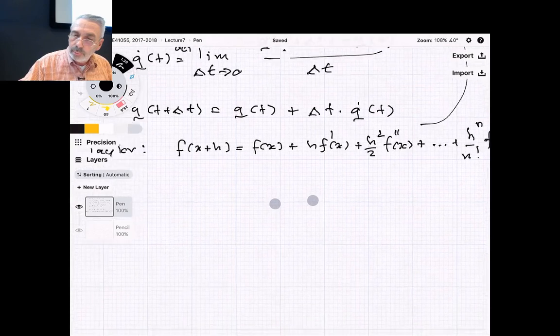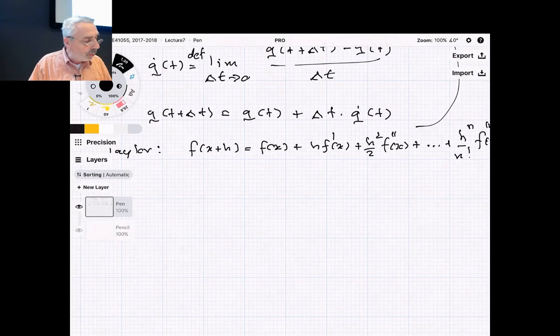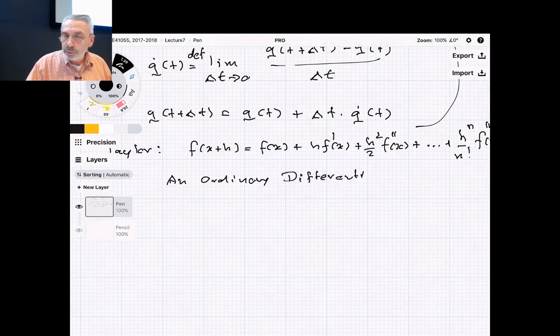Okay, now let's go back to our initial problem. An ODE, and that is an ordinary differential equation, is usually written by mathematicians in the following way.